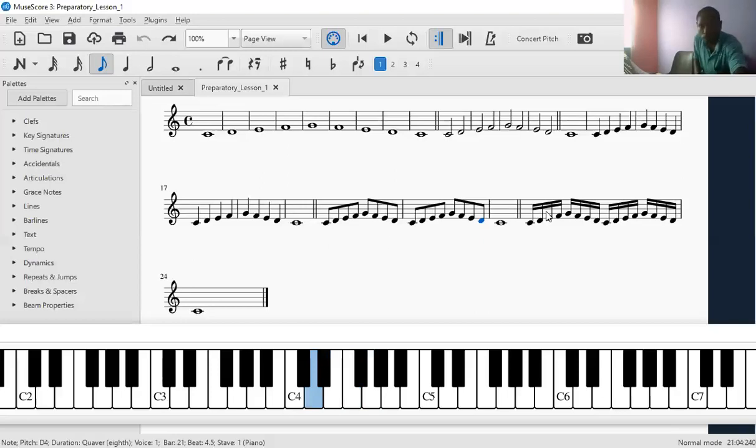So I'm going to have 1, 2, 3, 4, and then the last is a whole note. Okay. So that is it.